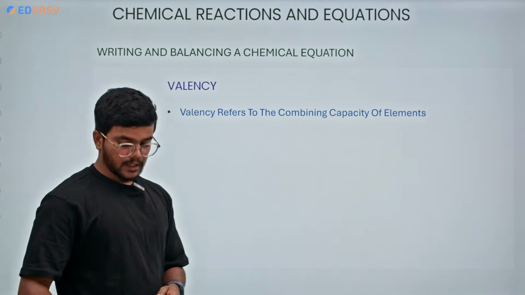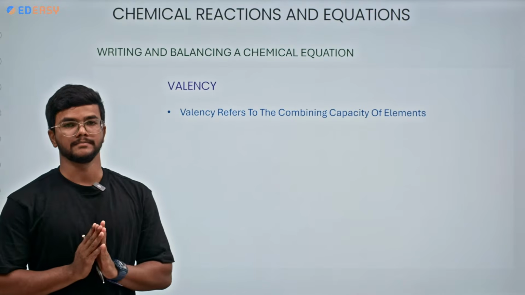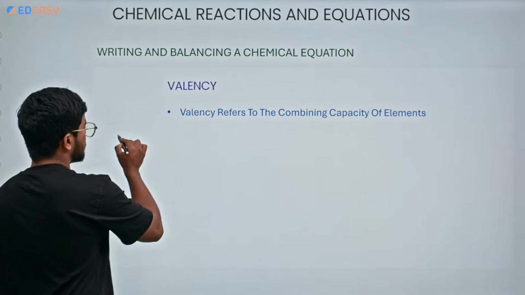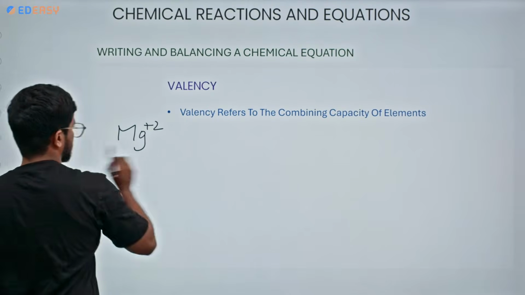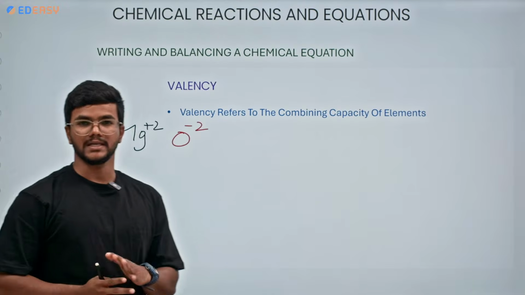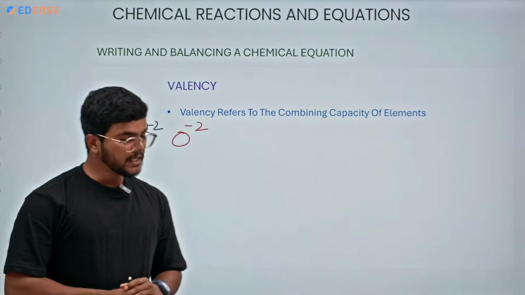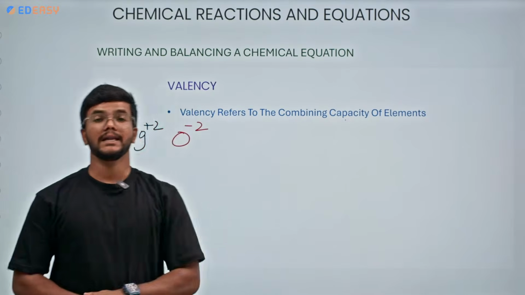valency. Valency is nothing but the charge of the atom. Magnesium with +2 charge and oxygen with -2 charge is nothing but the valency of an atom. Here valency refers to the combining capacity of the elements.